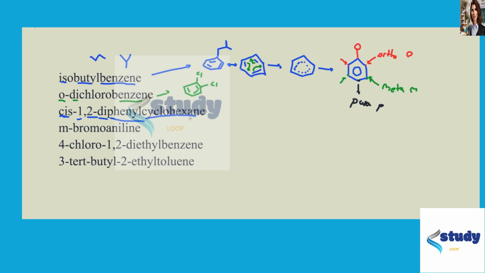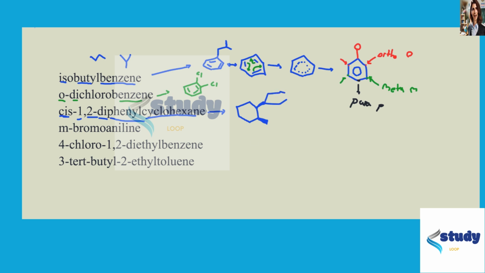So our parent chain is a cyclohexane. Remember, hexane means 6 carbons, cyclo means those 6 carbons are in a ring. And then we have 1,2-diphenyl, so at carbon 1 and 2, we have 2 benzenes. I can arbitrarily say this is carbon 1, and this is carbon 2, and I'm drawing them as wedges to show that they're cis to each other. Then we're going to have 2 benzenes coming off of each group.